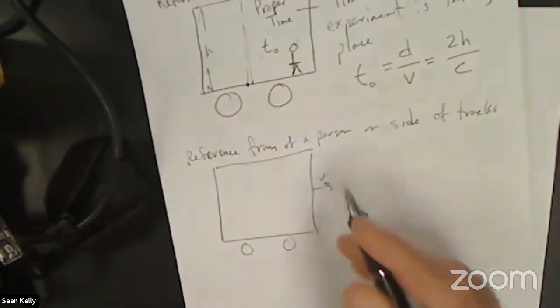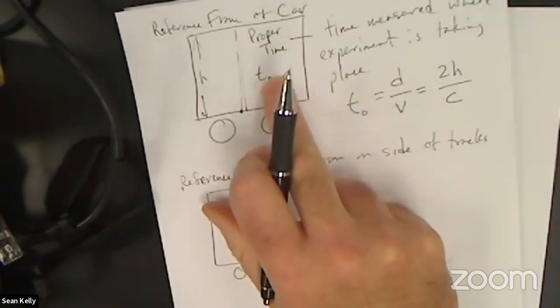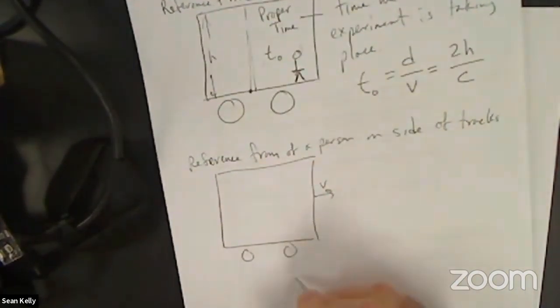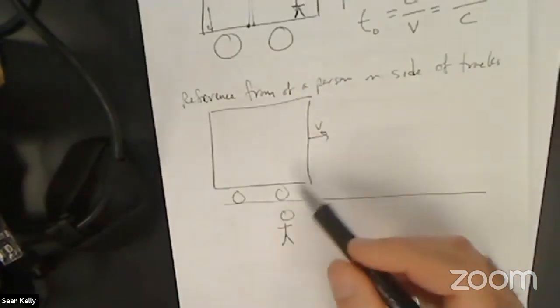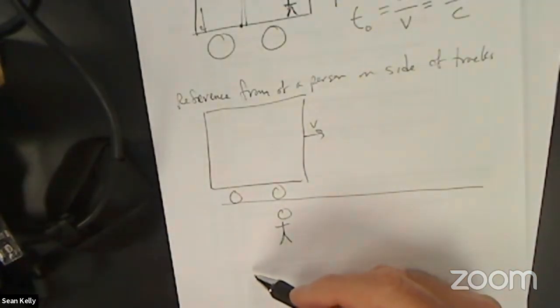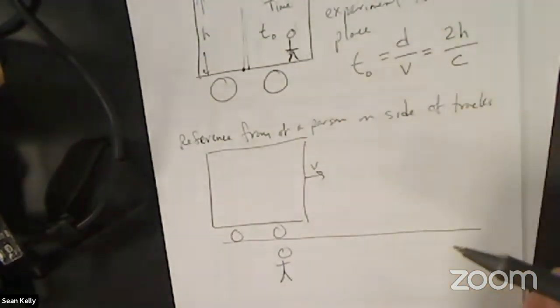So in other words, there's a moving reference frame where I'm doing the experiment. And then there's this person who's standing watching the train go by on the train tracks, right? And they see the train moving with a velocity v. And their reality is different than the reality of the person on the train.